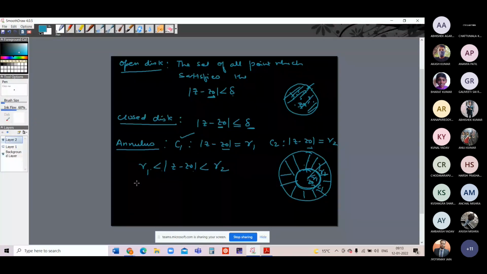So the collection of all those z satisfying this inequality is said to be an annulus. It is called an annulus. And if z satisfies the inequality r1 <= |z - z0| <= r2, that is, if we include the boundary points as well, then it is called a closed annulus.